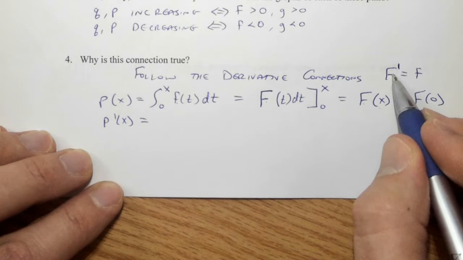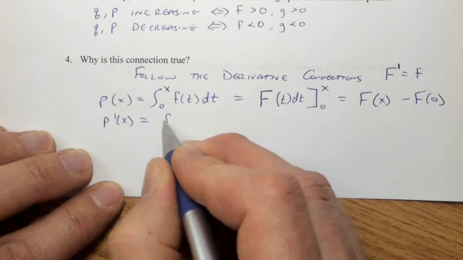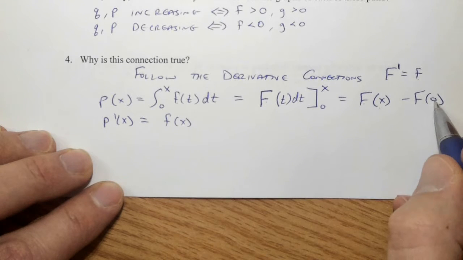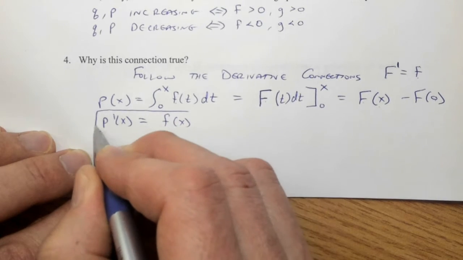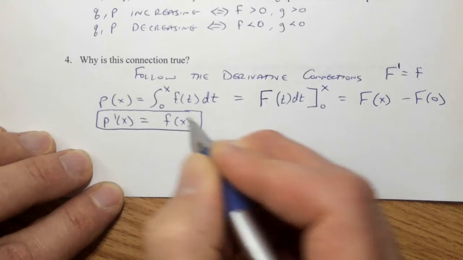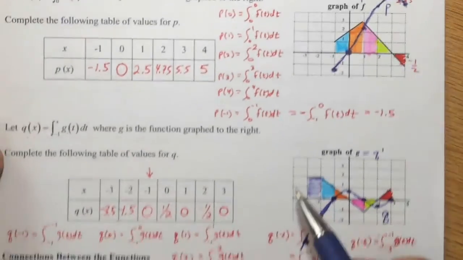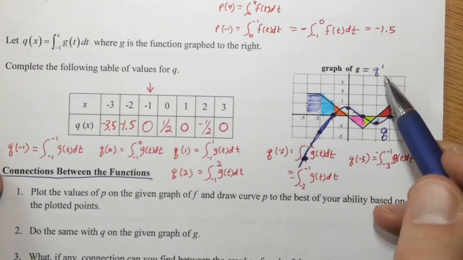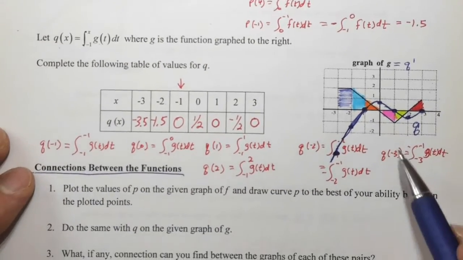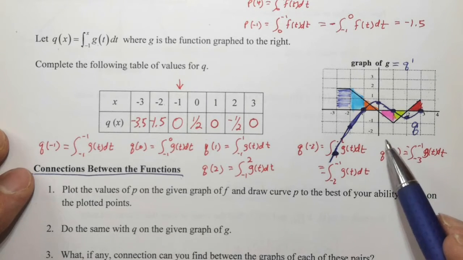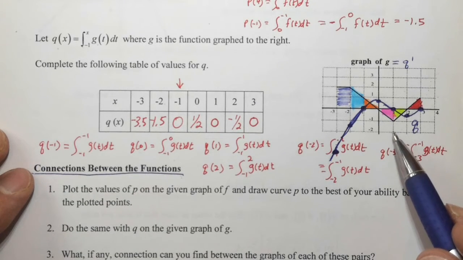The derivative of big F is little f. And big F of 0, that's just a number. The derivative of any constant is 0. So the derivative of p is just f. That's another reason why we can write either f or p prime here. We can write g or q prime here. Here's the deal. We're doing the fundamental theorem of calculus all over again, which I'll explain some more in the next video.